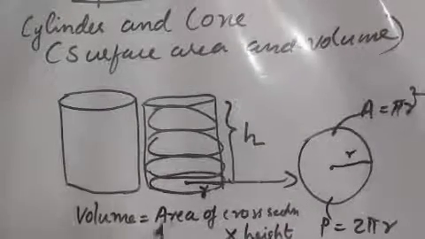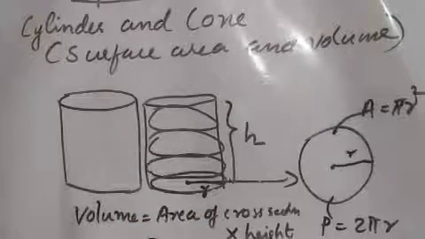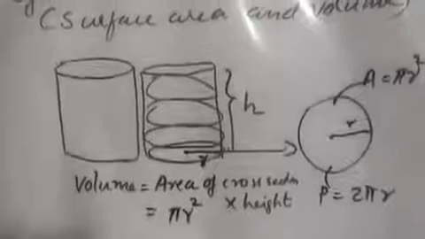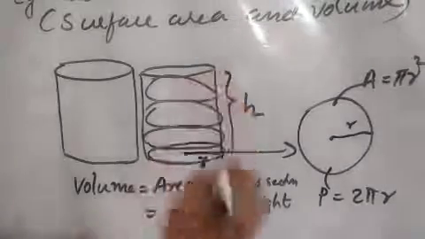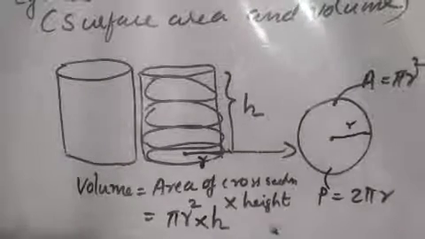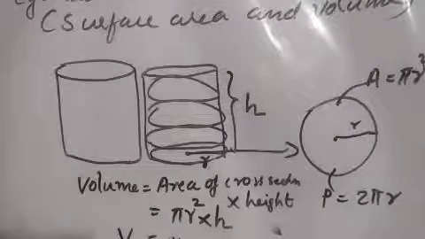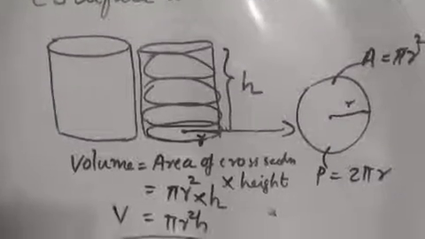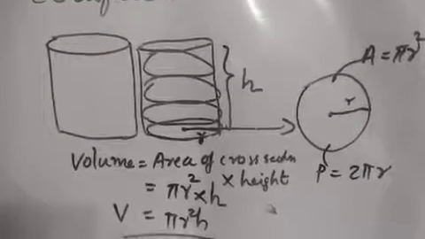Here the area is of a circle, pi r square, into the height h. So the formula to find the volume of a cylinder is pi r square h. This is the volume of a cylinder.